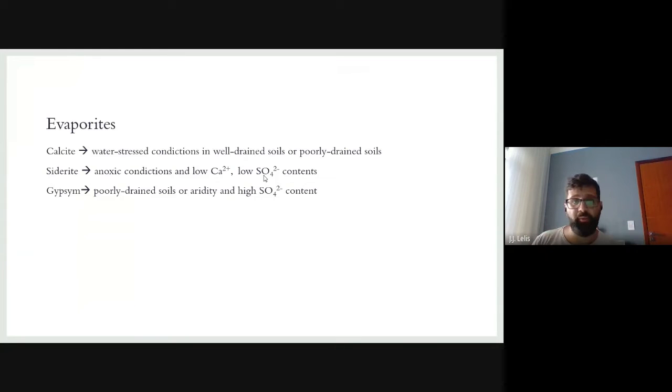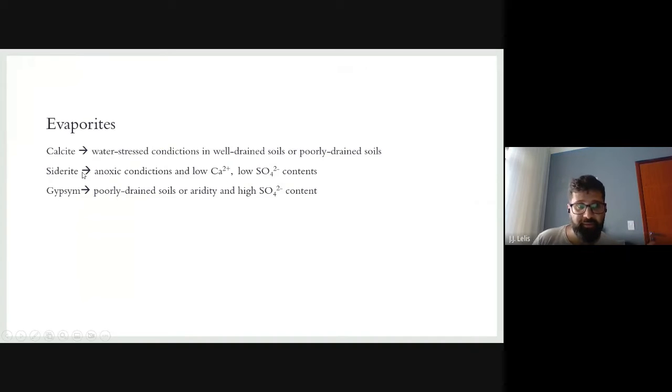We have tidal water. Tidal water is not so common for forming siderite because it generally presents a high content of sulfate, and to form siderite, we need a low content of sulfate.